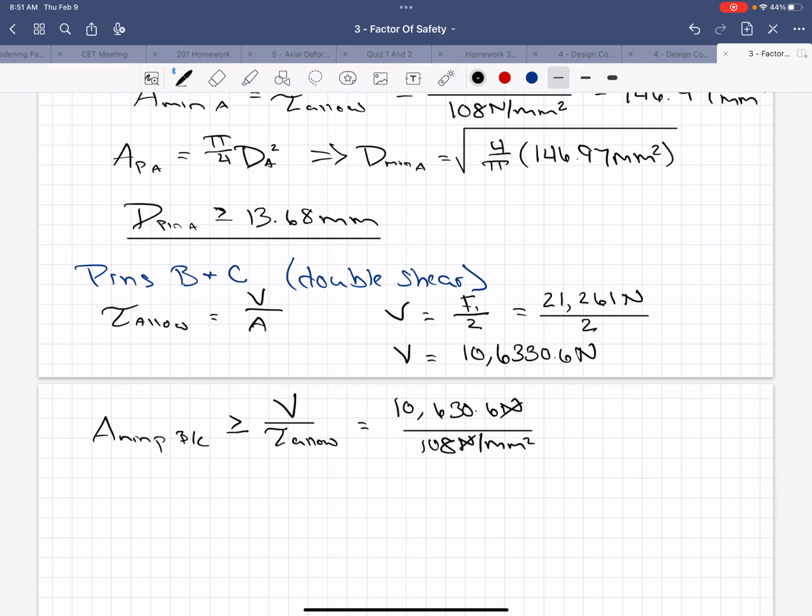Newtons cancel, and we get 98.43 millimeters squared.